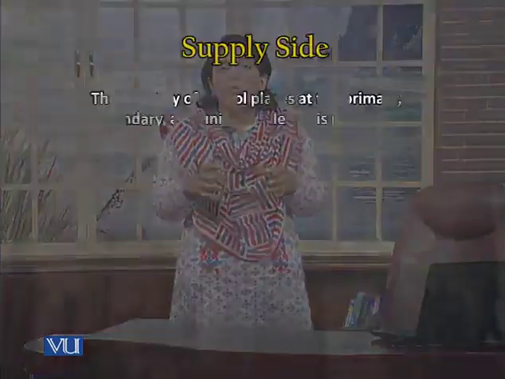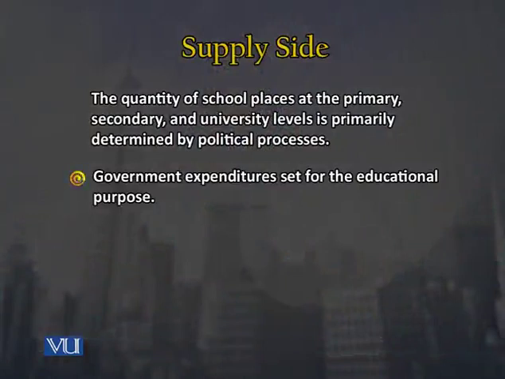Majorly the decision making on the supply side, that what is going to be the number of schools, colleges and other educational institutions that should be set up in a certain place during a certain year, is altogether a political process. So another important thing which we need to look at is the government expenditure set for the educational purpose.